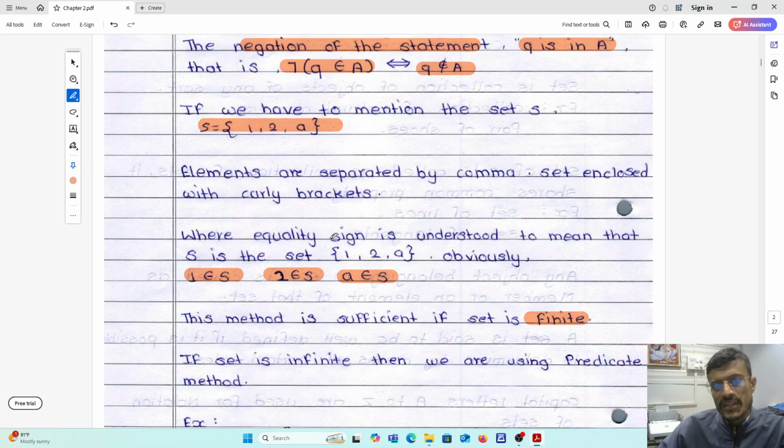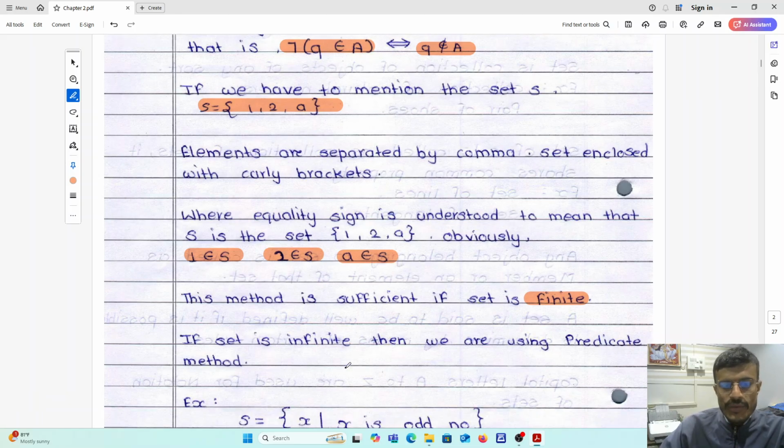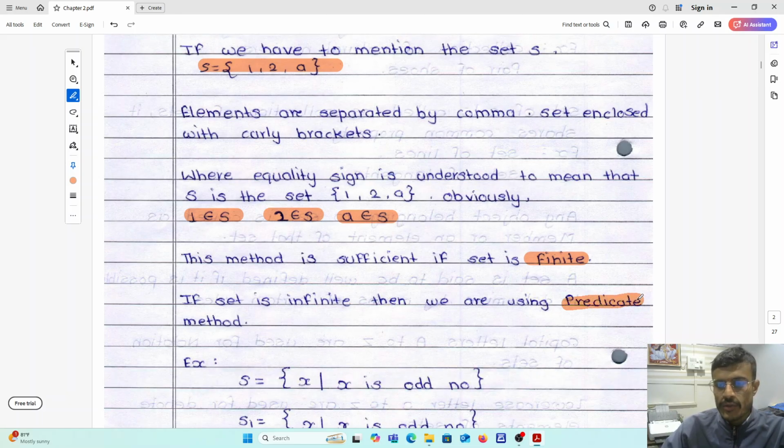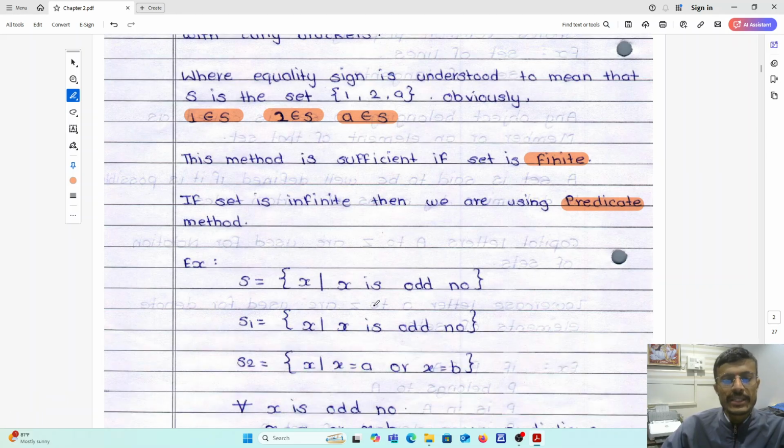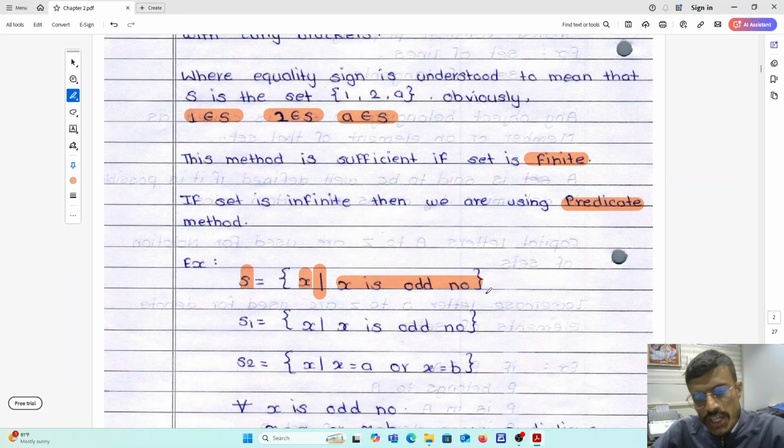Whenever there are an infinite number of elements, for example, as I mentioned earlier, natural numbers, in that case we use the predicate method. In the predicate method, you can see one set S which gives you x such that x is an odd number. There is no limitation for odd numbers.